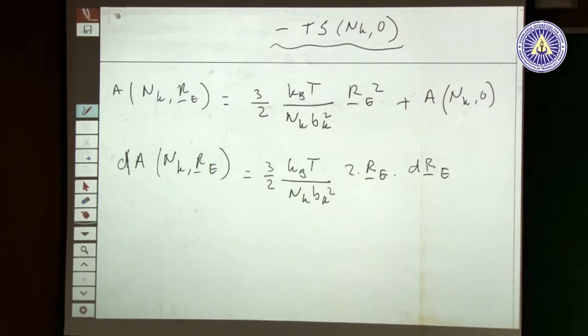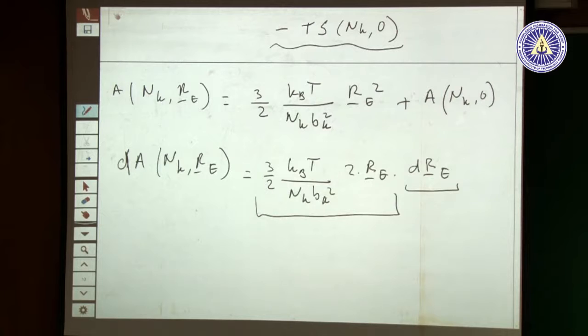Now, what do we know from thermodynamics about the change in the Helmholtz free energy in an isothermal system? It is equal to the work done, right. The work done on a system under isothermal conditions is equal to the change in the Helmholtz free energy. So, the right hand side is the work done by changing the end to end vector by a small amount, right. And what is work? Force times displacement, right. So, this is the displacement, so this must be the force, right.